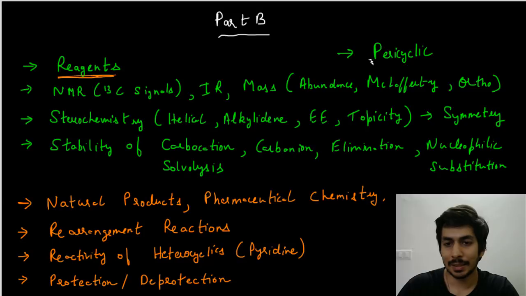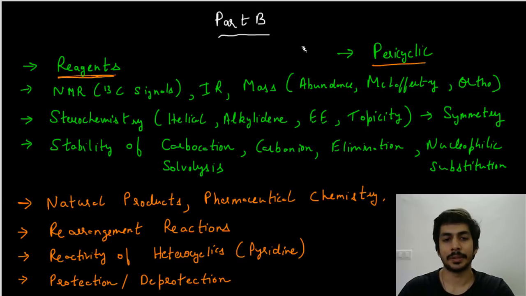Then pericyclic is something you'll find another 2 marker in part B. Okay, pericyclic reactions, it could be from anything. Generally what I've observed is the questions are from Diels-Alder. Particularly, there are so many questions that have been asked on the reactivity of different dienes and dienophiles in a Diels-Alder reaction, right? In particular the dienes: how the dienes react, which diene is more reactive, which one will undergo Diels-Alder reaction faster.